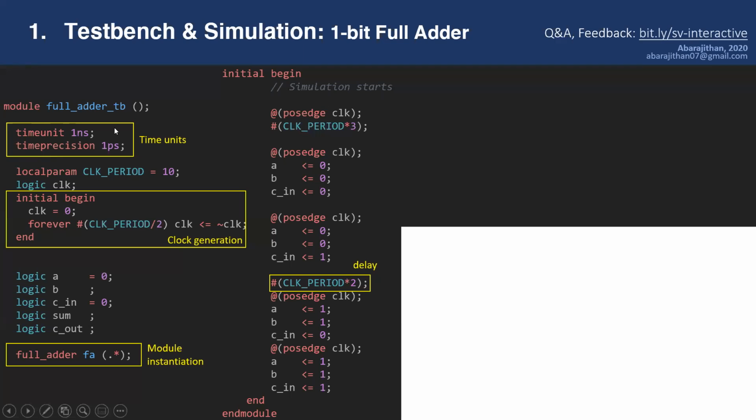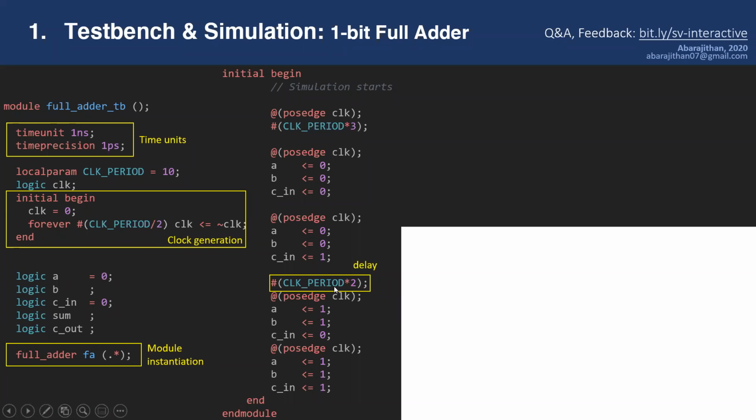First, we say the time units. When we are doing simulation, especially in waveforms, we have to tell the time unit and time precision. Time unit means, here I am telling hash clock period into 2, which means I'm giving a delay, asking it to wait for this much time. Clock period is 10, so I'm asking it to wait for 20. 20 what?